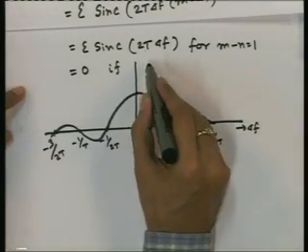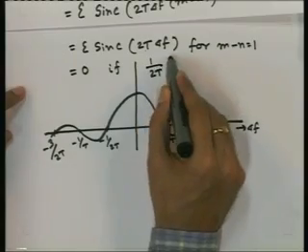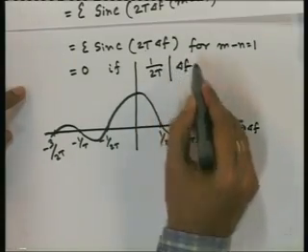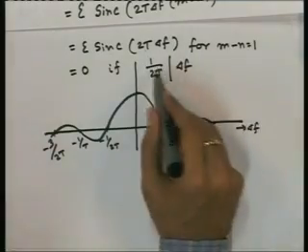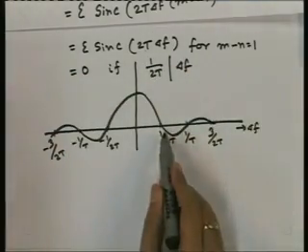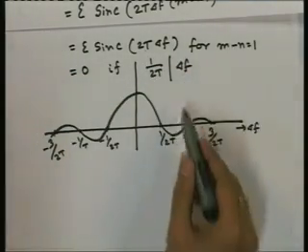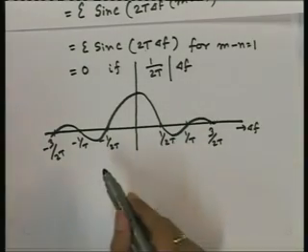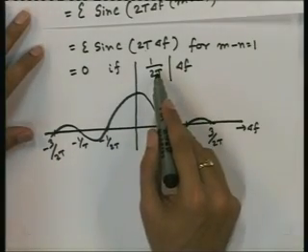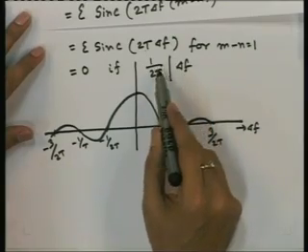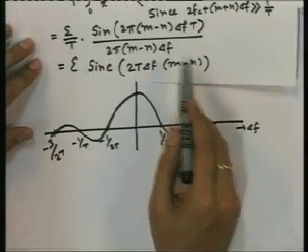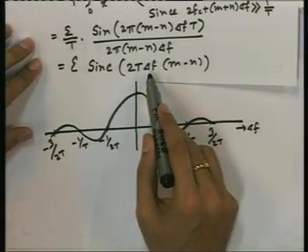So if 1 by 2T divides delta f, this is a notation for divides, then this is 0. That means delta f is a multiple of 1 by 2T. And if 1 by 2T divides delta f, then it also divides m minus n times delta f.